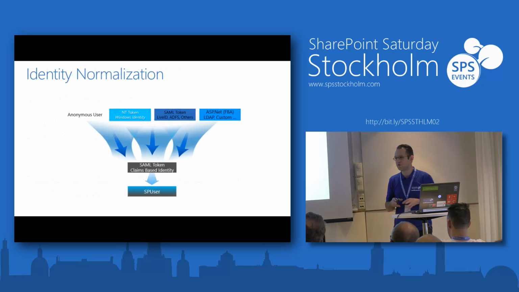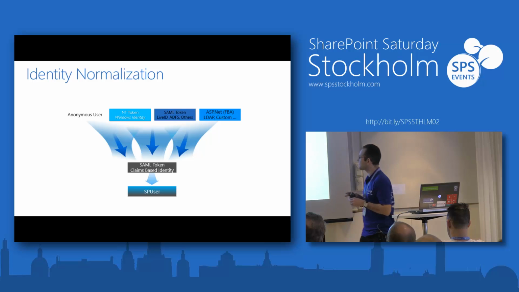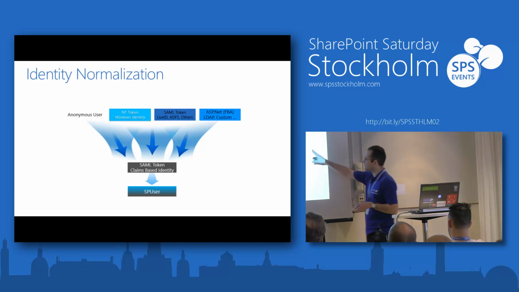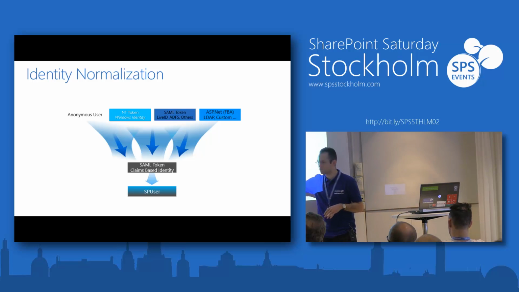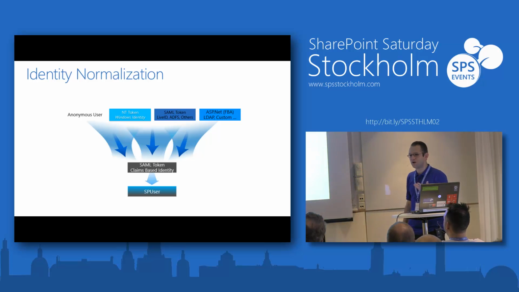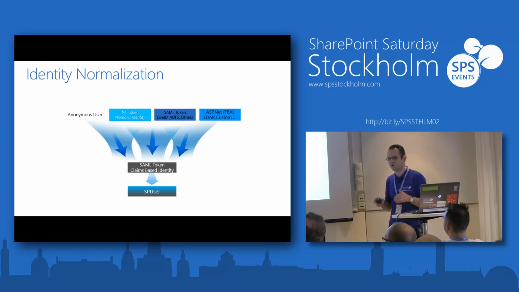Okay, but no matter what claims authentication you choose, what kind of method you choose, in the end, everything is normalized into an SP user object. So from a development point of view, normally, if you follow the right procedures, it doesn't matter if your user is coming from SAML claims or Windows tokens.